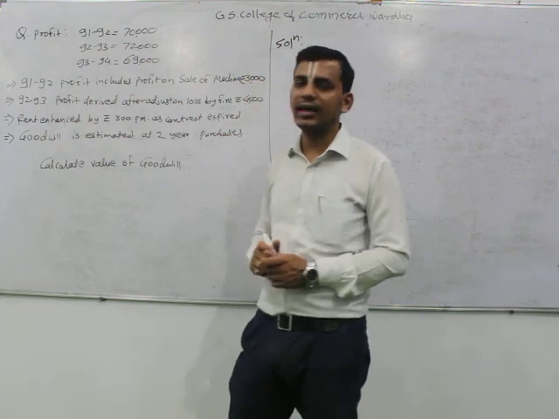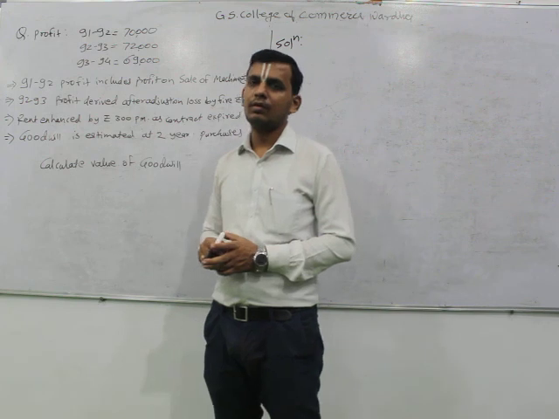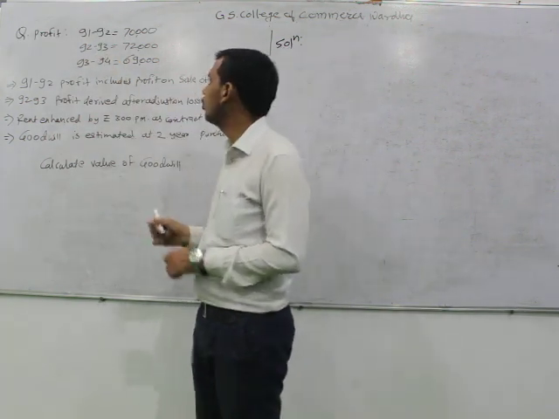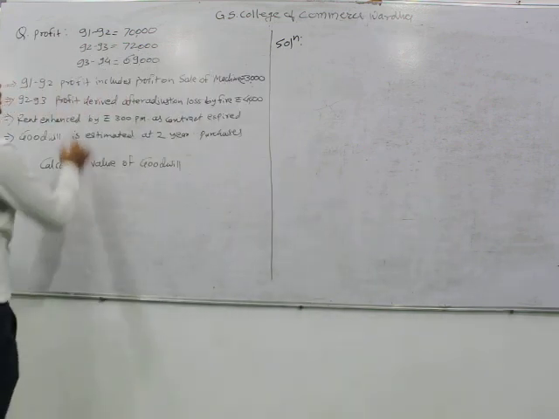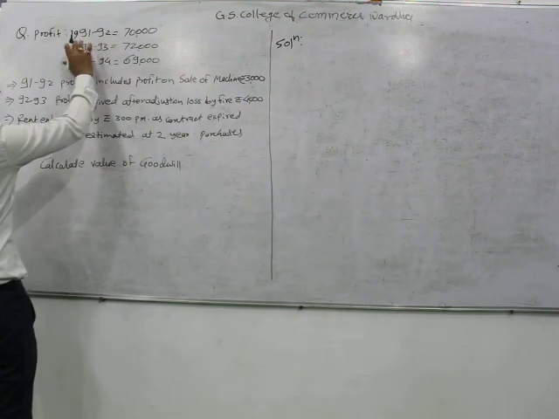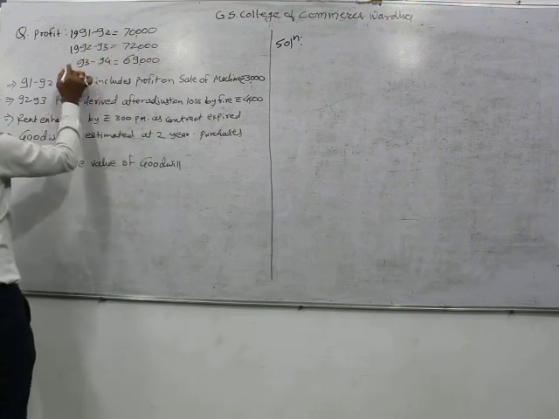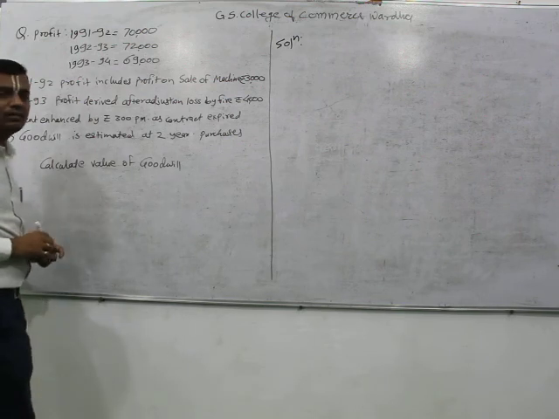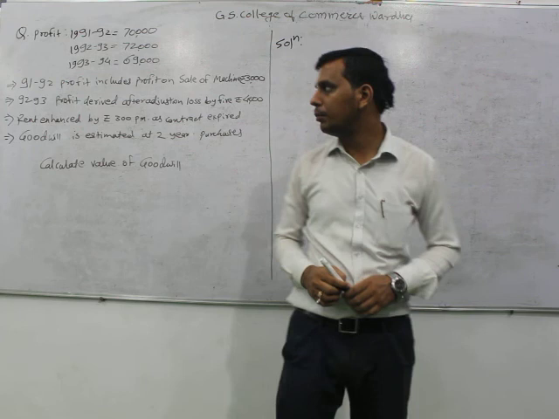We have been given the profit of the last 3 years for a company: for 1991-92 it was 70,000, for 92-93 it is 72,000, and for the year 93-94 it is 69,000. These are the past 3 years' profit of the company.